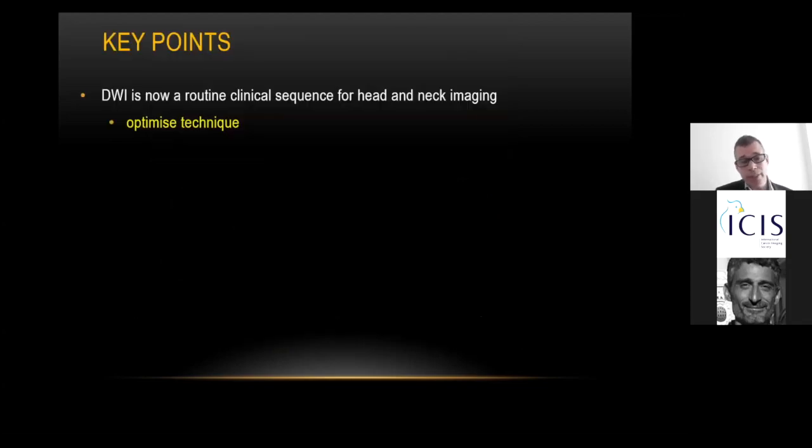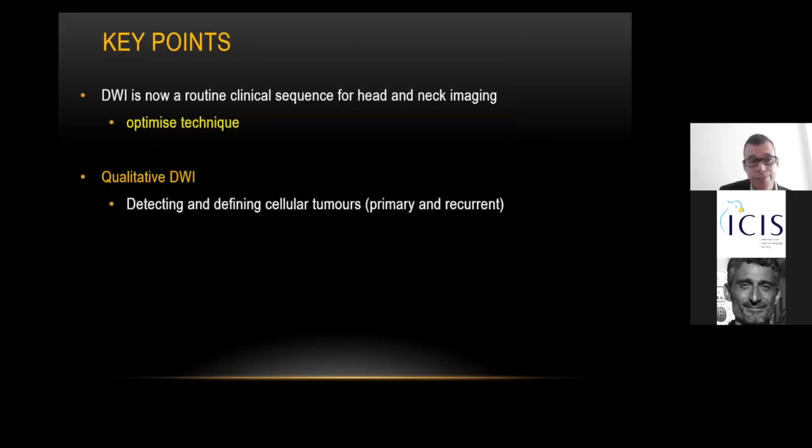So to summarize, I think the key points here are that DWI is a routine clinical sequence now in head and neck imaging, but we do need to work on optimizing our technique in order to obtain good quality imaging and accurate quantification.